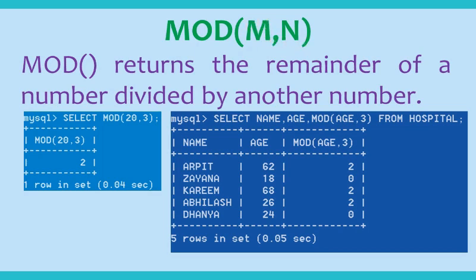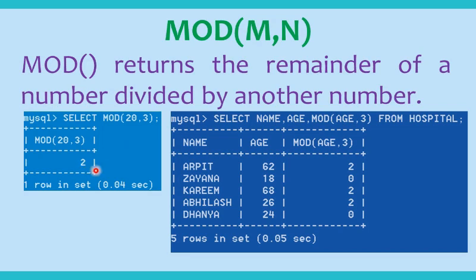If the first number is divided by the second number, the output is the remainder of this division. Now see the example. Select mod 20, 3. 20 is divided by 3. It goes 6 times. So the remainder comes 2.